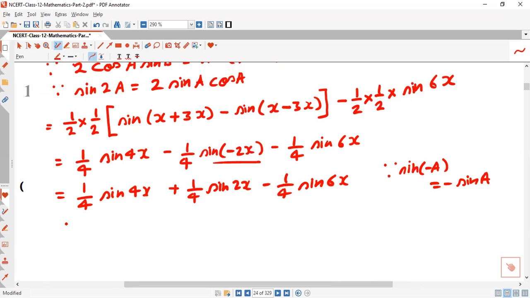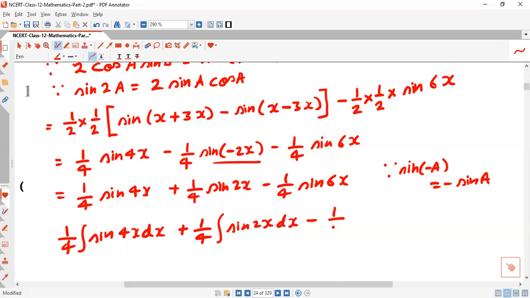Now taking integration, this is the integrand. So the integral becomes 1 by 4 integration of sin 4x dx plus 1 by 4 integration of sin 2x dx minus 1 by 4 integration of sin 6x dx.